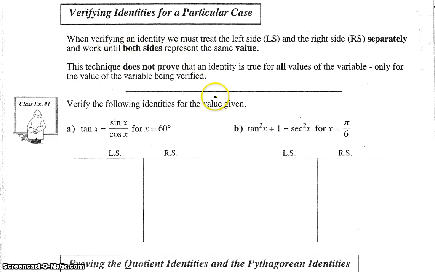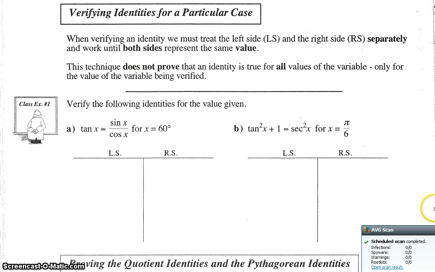Verifying is when you sub in a particular value for x, theta, whatever the variable is, and then you work out what the left-hand side would be and what the right-hand side would be, and if you get the same answer on the left and the right-hand side, you have verified the identity.